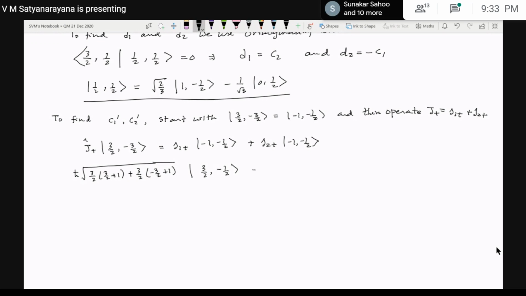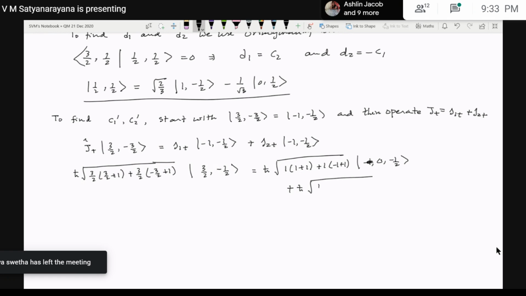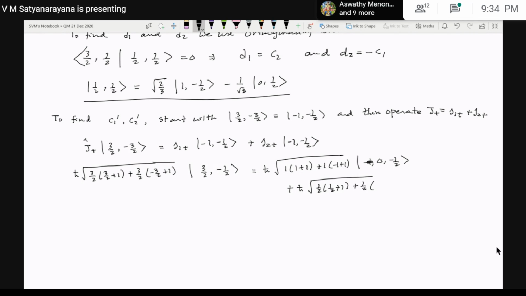So that is equal to h bar square root of 1 into 1 plus 1 plus 1 into minus 1 minus 1 plus 1 into minus 1, sorry, this will become 0 minus half, plus h bar into square root of half into half plus 1 plus half into minus half plus 1, into minus 1 half.